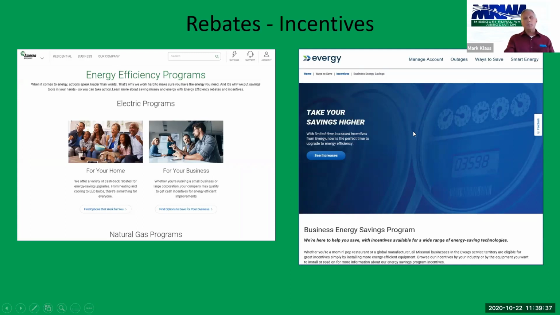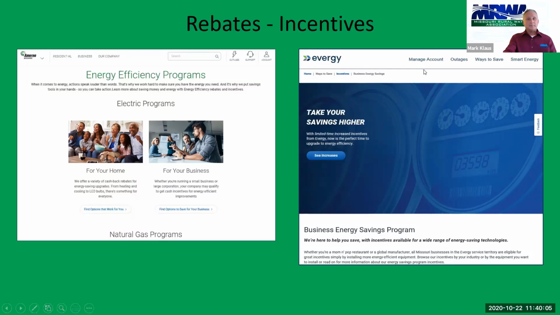Evergy, for their business people, they have a business energy savings program. It's called incentives. You have to sort of look for that one a little bit, and there's some processes to go through. You can go on their webpage, and they actually have people that you should call up and work with on that. They have different locations, which was, I'm going to say ballpark, Kansas City, St. Joe, western part of the state area.